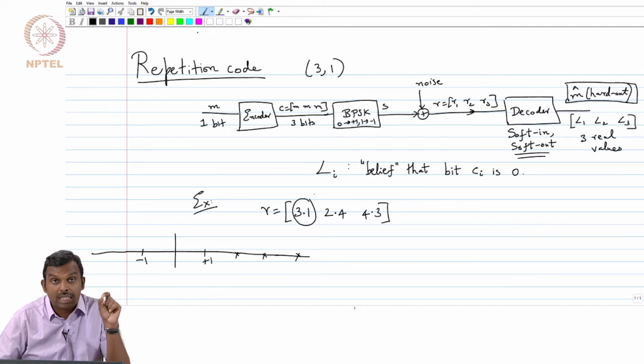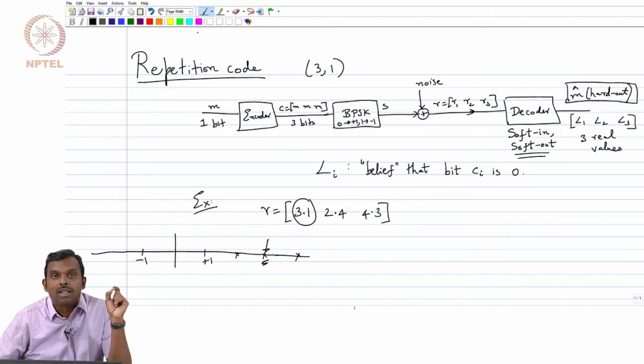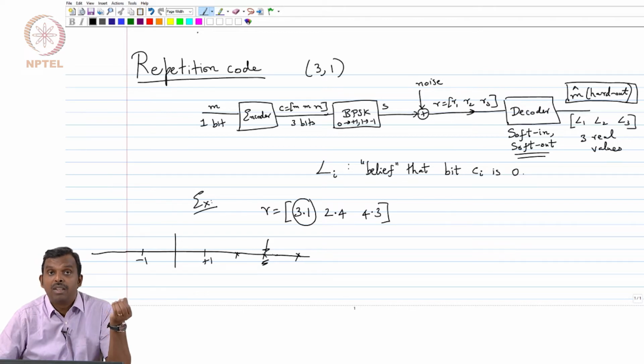I transmitted the first symbol, which could have been +1 or -1, and I received a 3.1. If you've received 3.1, it's very, very likely that the transmitted symbol was +1. So your belief that the transmitted symbol is +1 is very high.